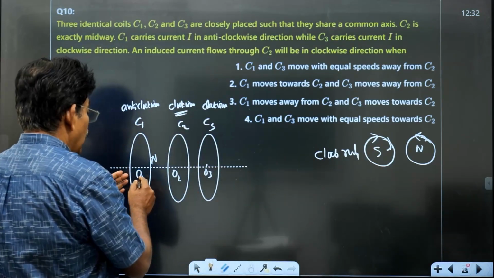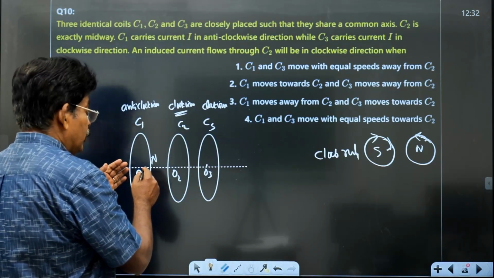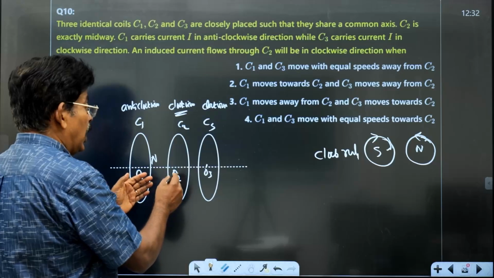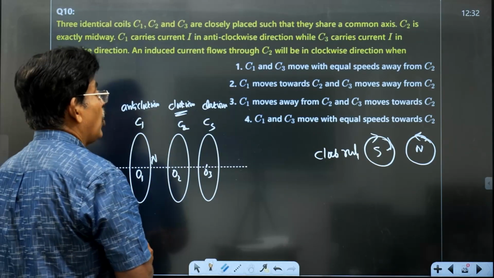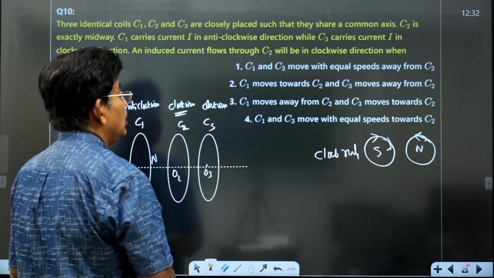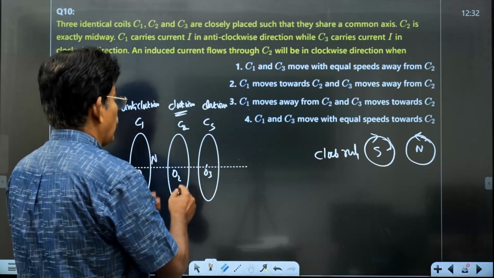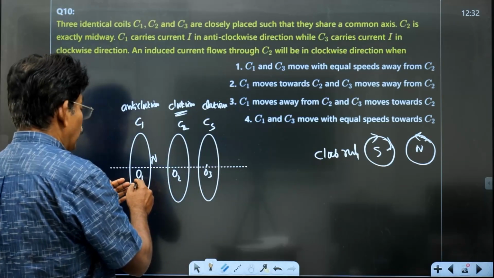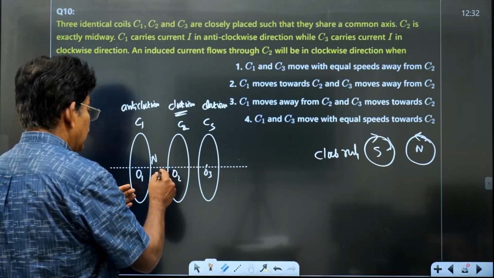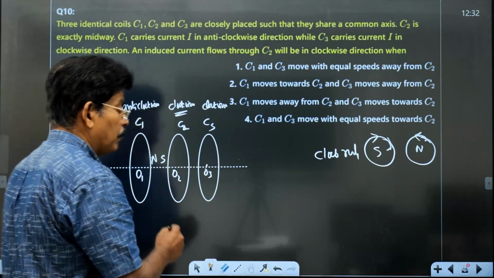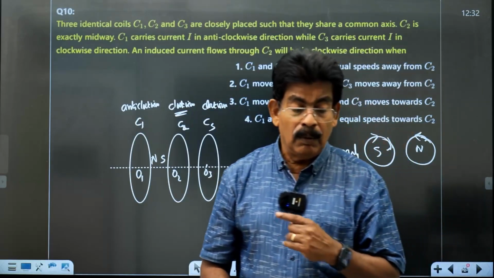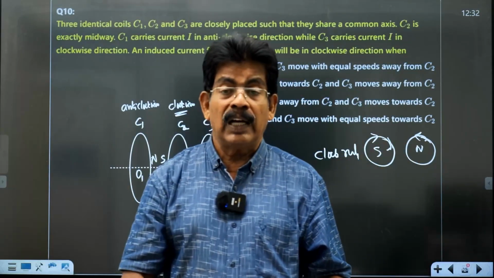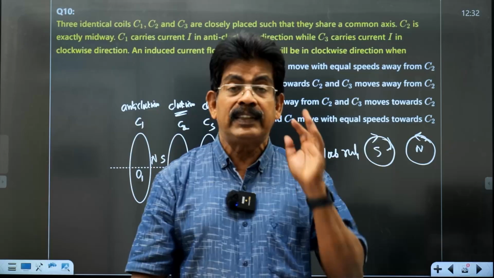So if somebody is looking from O1 to the coil C2, the current is in what direction? The current is in clockwise direction. So somebody looking from O1 will find that there is a south pole here. Somebody looking on C1 from the center O2, the current is in anti-clockwise direction.